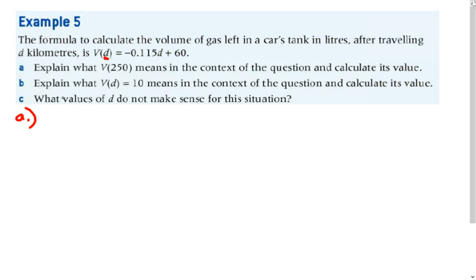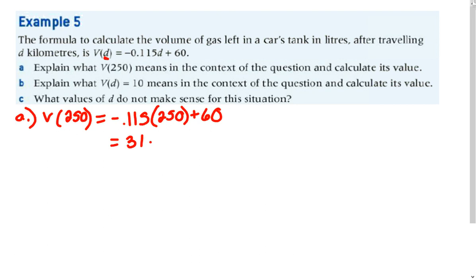So when I calculate that, V of 250 is negative 0.115 times 250, because again, that's your d value, plus 60. Type that all into your calculator, and you get exactly 31.25 liters. Since that is exact, you absolutely can leave your answer as it sits. If it was approximate, if it kept going in your calculator, you'd have to round that to be 31.3.